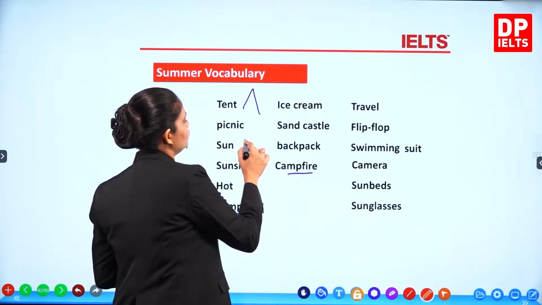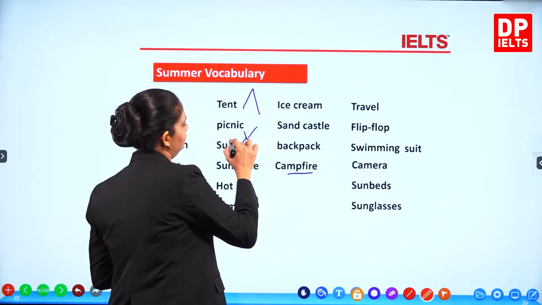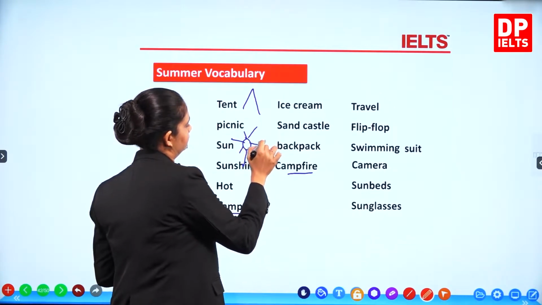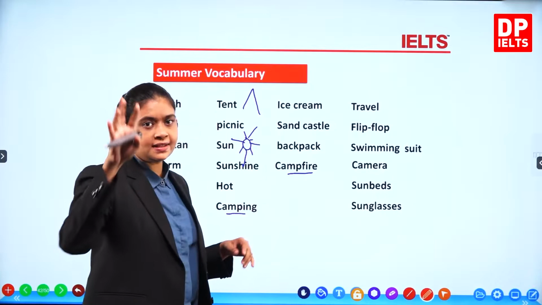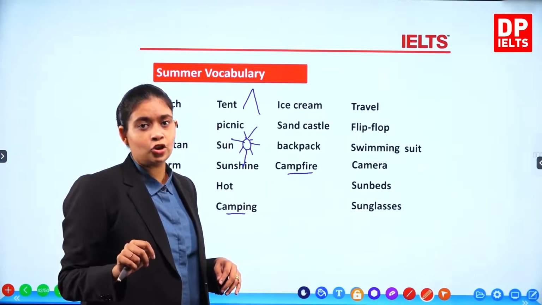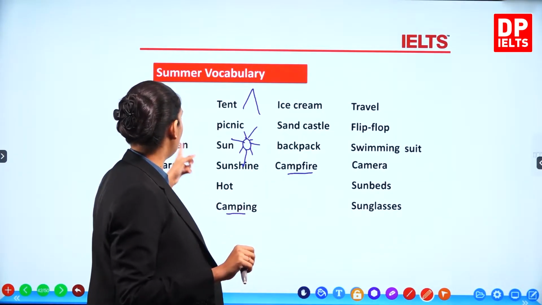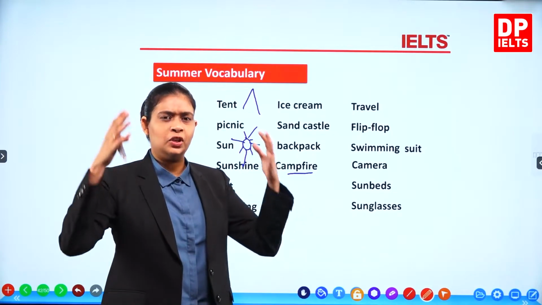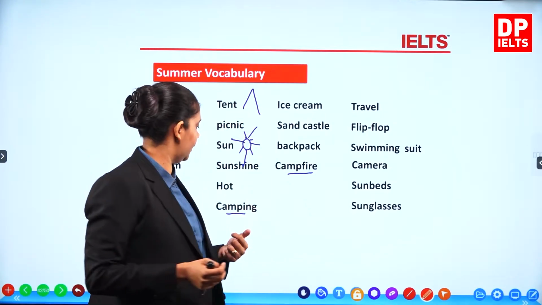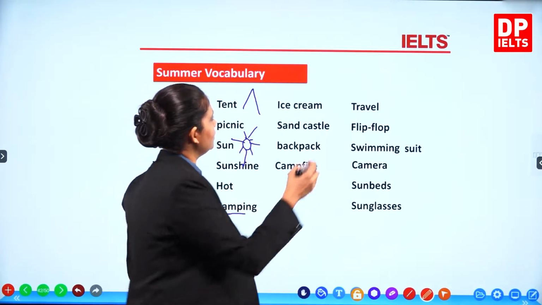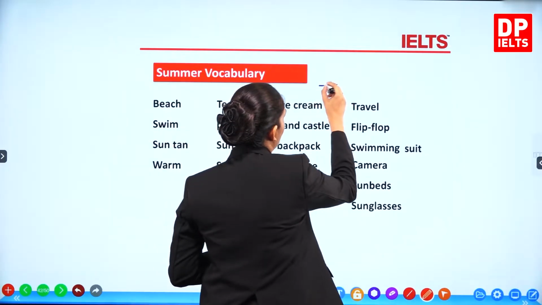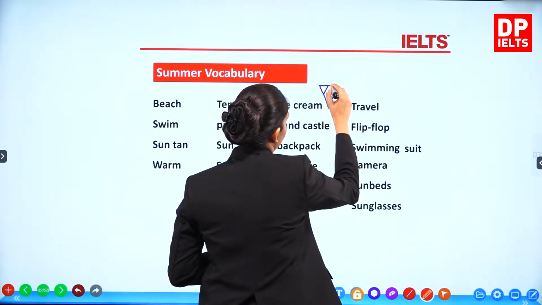Sun is not your son and daughter, but this sun, right? So the rays that come from sun, we call it sunshine. And then you have hot, which is when you really start sweating, okay? Ice cream is something that all of us like to eat.